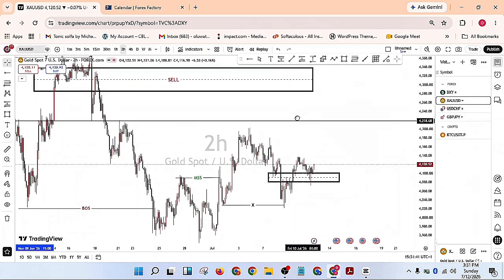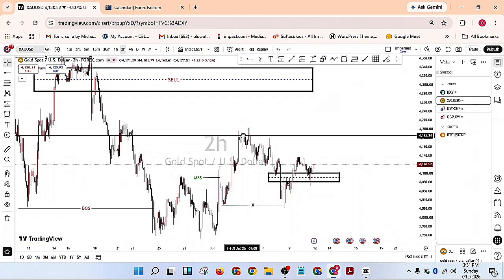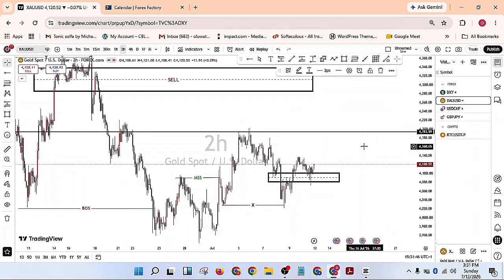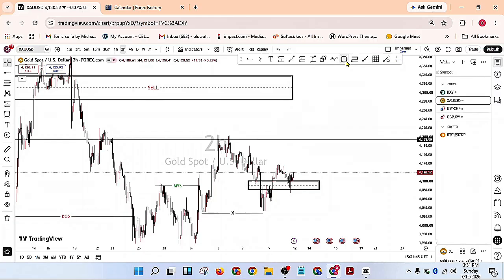But if this structure, this one that I'm putting online, is broken by the market, I'll wait for a pullback to continue buying, before I take my sell.